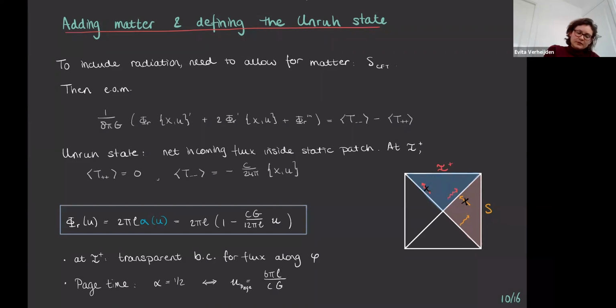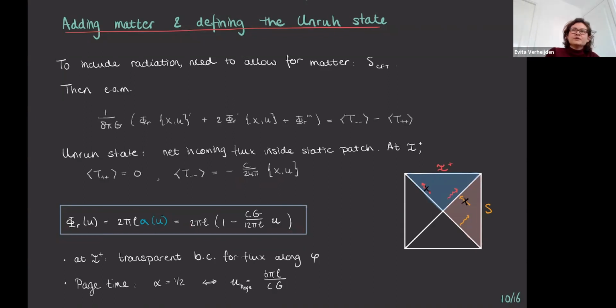Now, in terms of this u coordinate that I've defined at future infinity, it means that for the stress tensor at future infinity, we find these two components. This just follows from the transformation law of the stress tensor. Then solving this equation, we find the following behavior for phi r. It's a linear function of u.